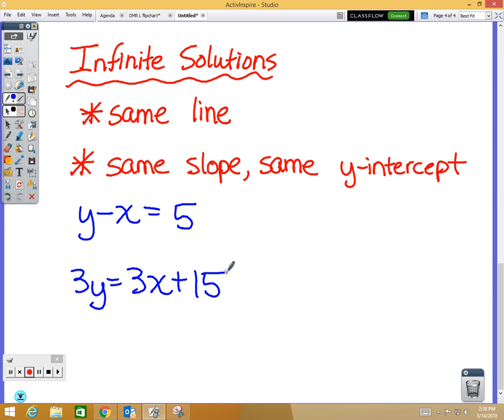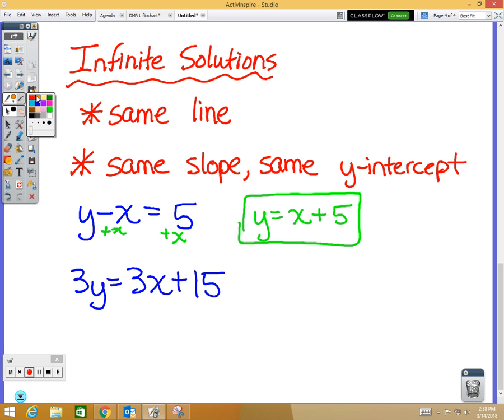To change this first equation into slope-intercept form, what would I do? I would need to add x to both sides, so then I could rewrite this as y equals x plus 5. And then if I was going to rewrite this one, I would divide by 3.